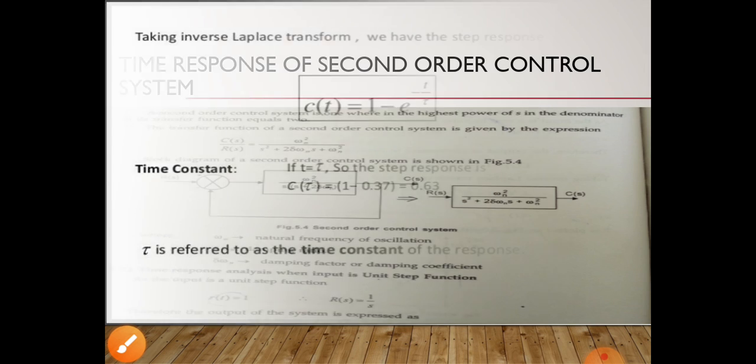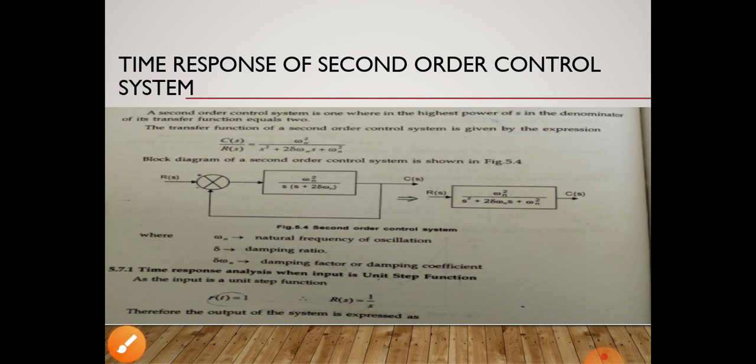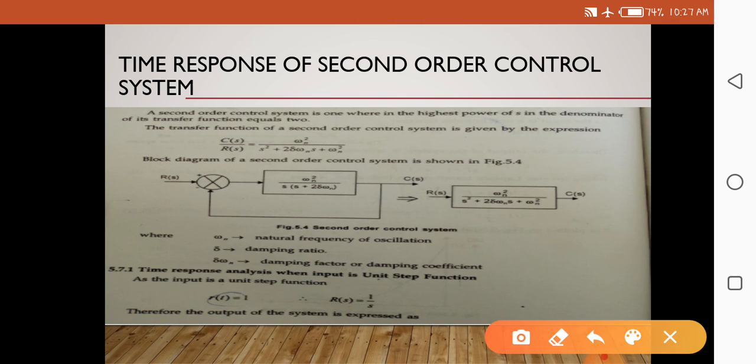Next, time response of a second order control system. Here a diagram of a second order control system is present, where R(S) is the input, C(S) is the output, and omega n square upon S open bracket S plus 2 delta omega n close bracket is known as the system.